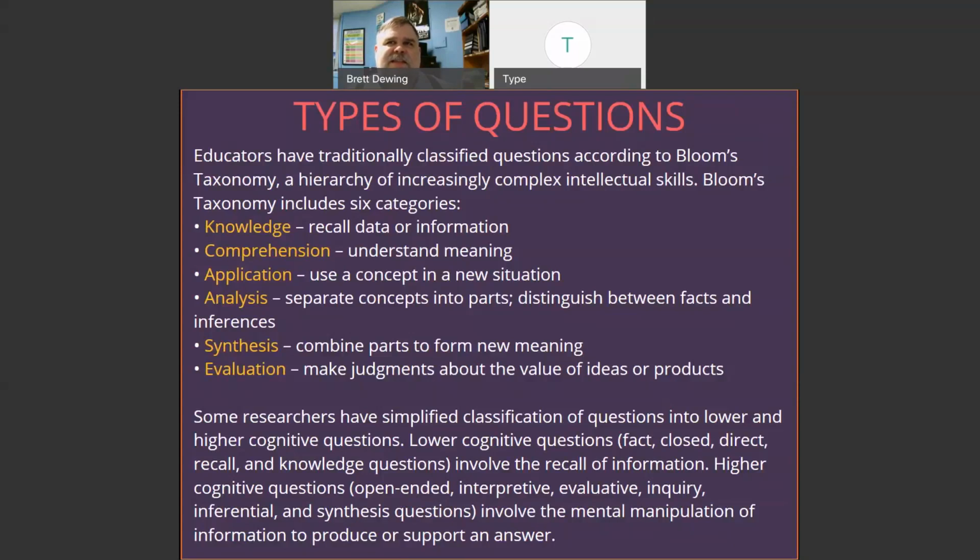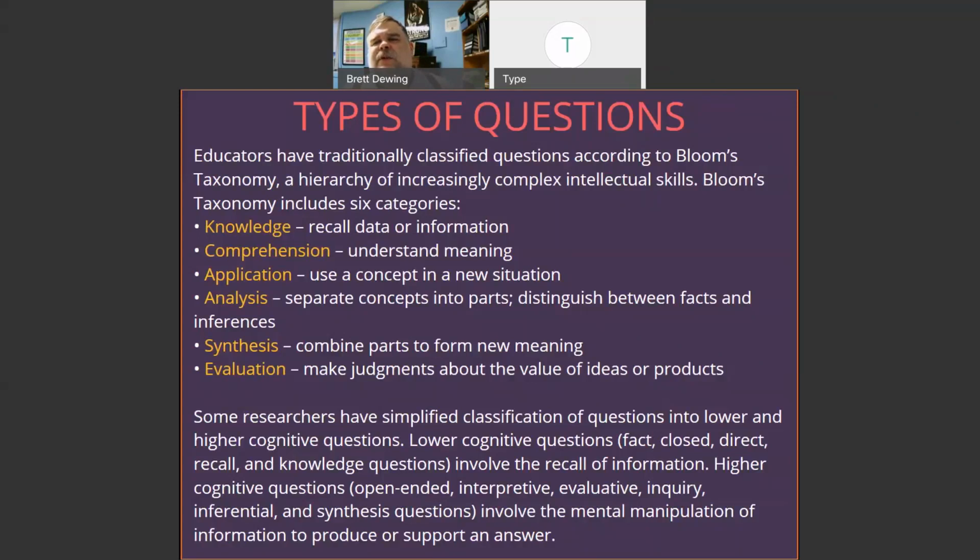That's called synthesis. And then evaluation is what it all leads up to, which is making judgments about the value of ideas or products. So once you understand it and you can apply it and you can analyze it, you can make an evaluation about it. What's the value of it? Notice value is in the middle of evaluation. It's the root word.